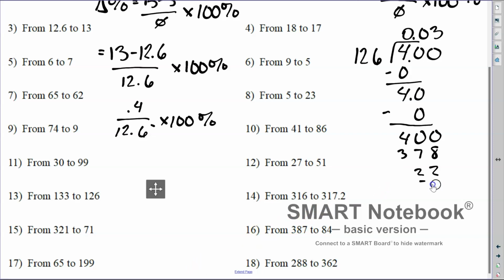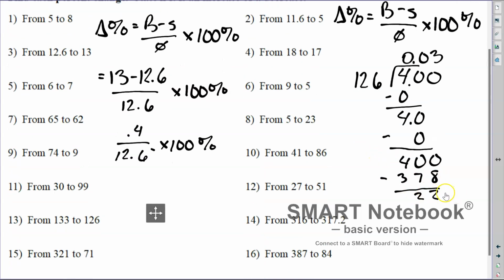Again, I can't undo while I'm recording. If you were going to continue this, you put a 0 and continue the process. For right now, let's just leave it at that. 126 goes into 220 one time, and I think that's good enough. You don't have to go on forever with it.